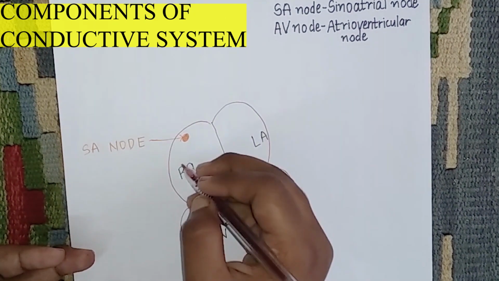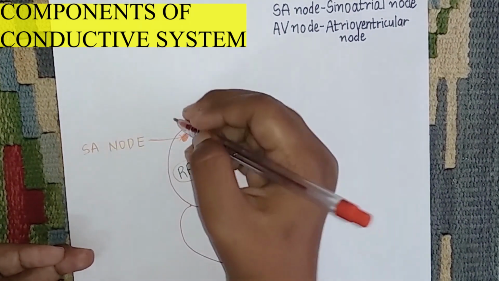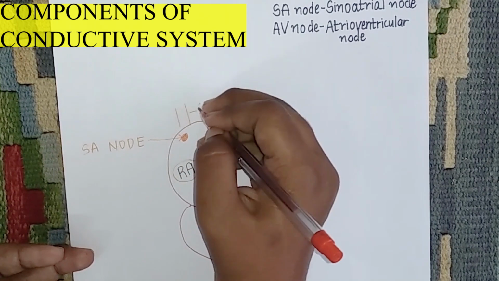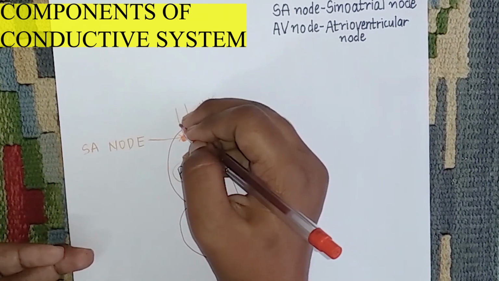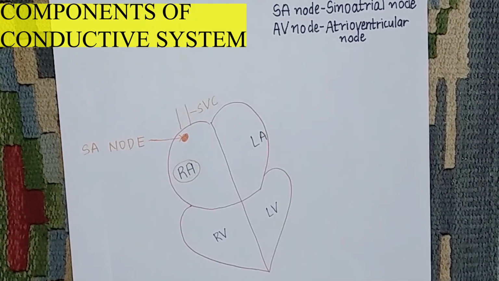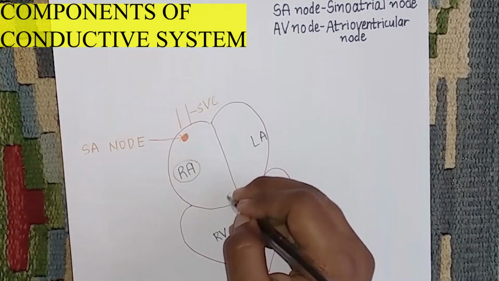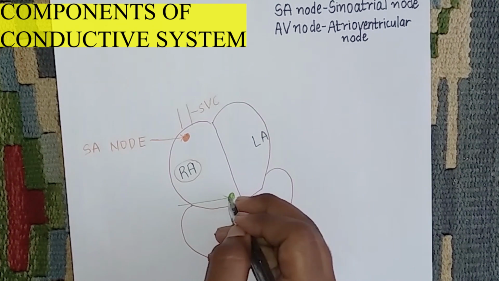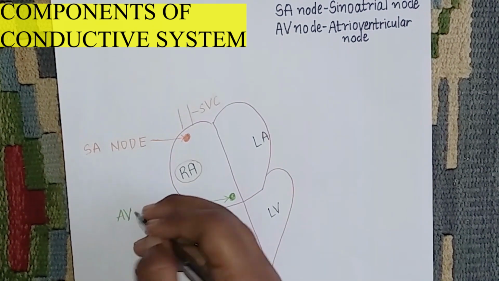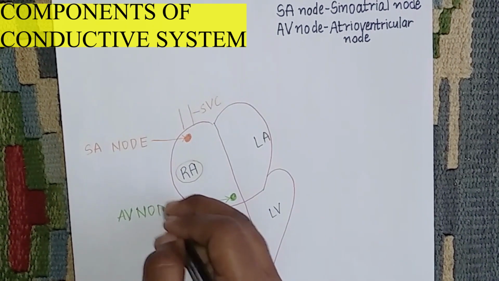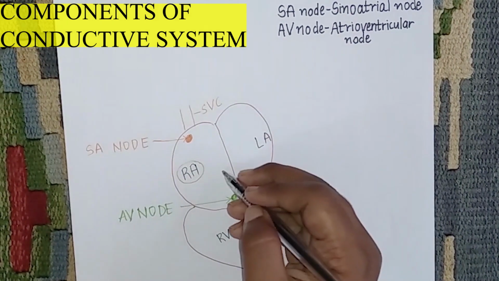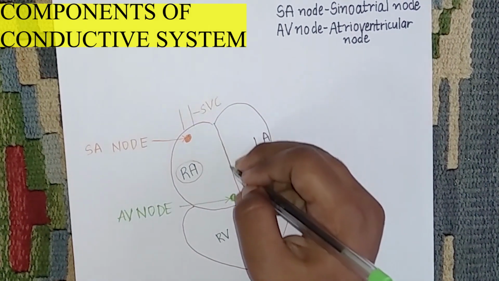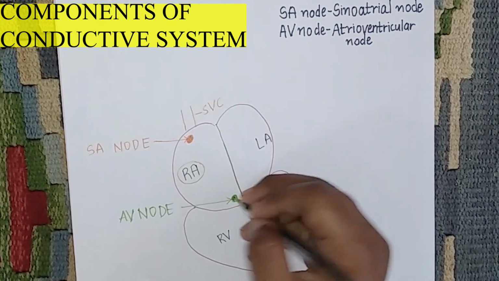The SA node is situated in the right atrium just below the opening of the superior vena cava. Then we have the AV node, where AV stands for atrioventricular node, which is situated in the right posterior portion of the interatrial septum.